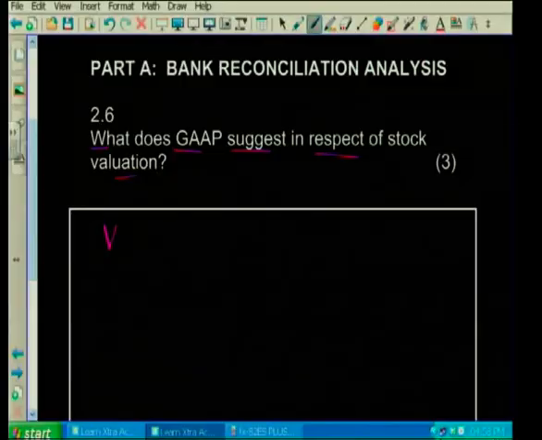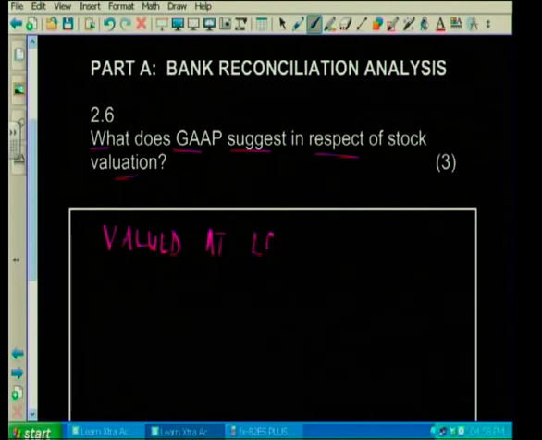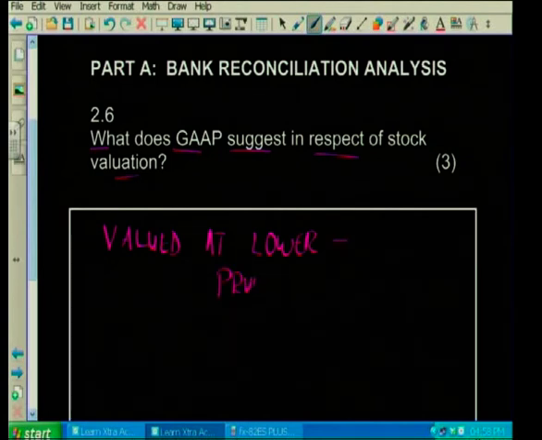Stock should always be valued at the lower price. Why? Because we are using the prudent approach. Remember the prudence concept? And what is the prudence concept? We are conservative.